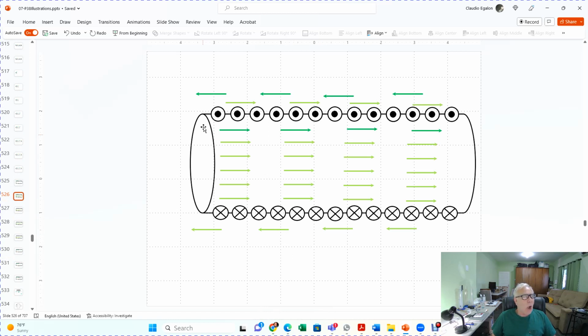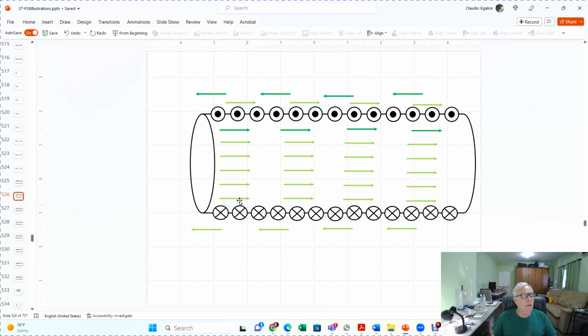Because the radius of the solenoid is very small compared to its length, it's very reasonable to assume that the magnitude of the B field due to those wires doesn't change in this vertical direction.